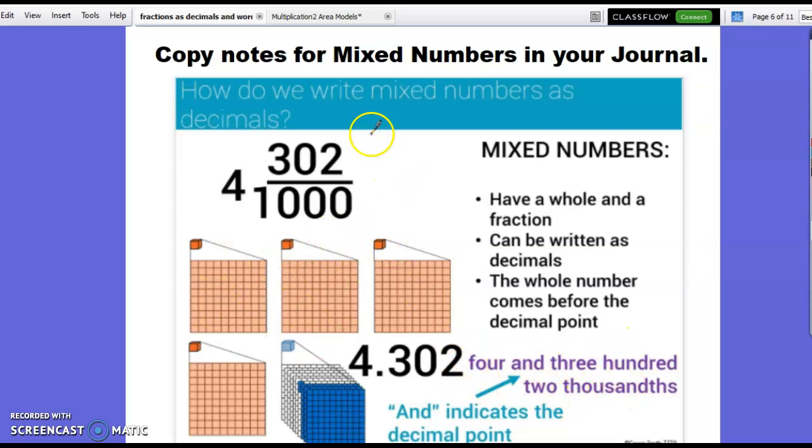Here's the pictorial model, your fraction form, and decimal form. Pause the video here if you want to write down the example of the mixed numbers. I highly suggest you put these in your notes to refer back to later.